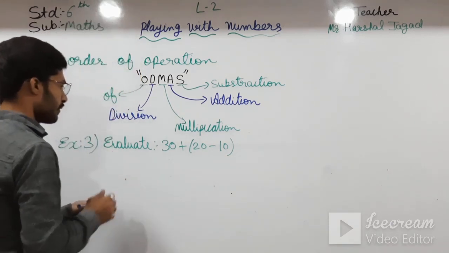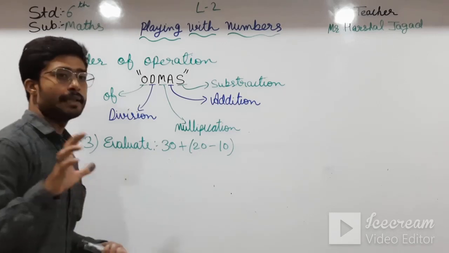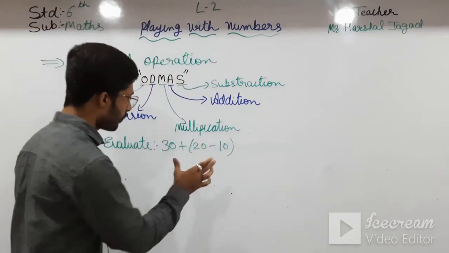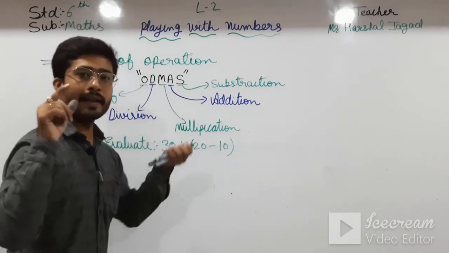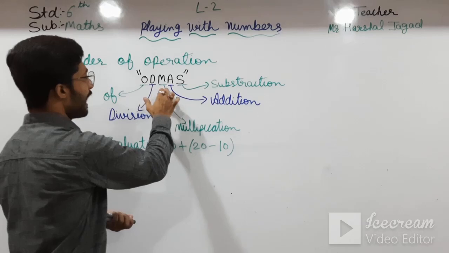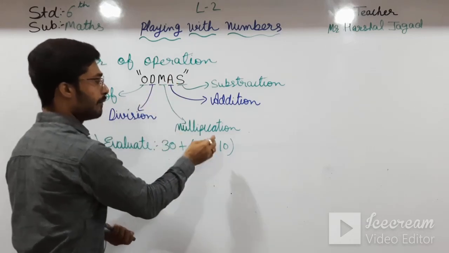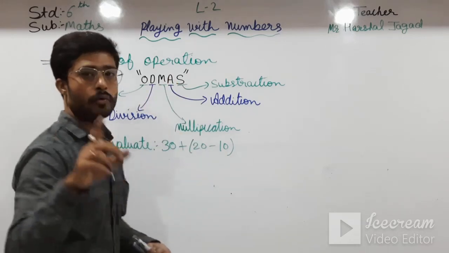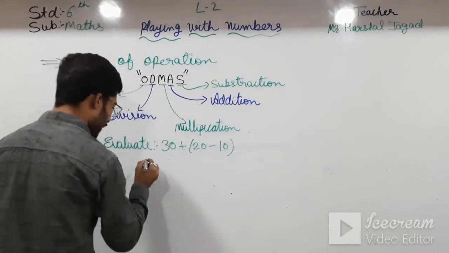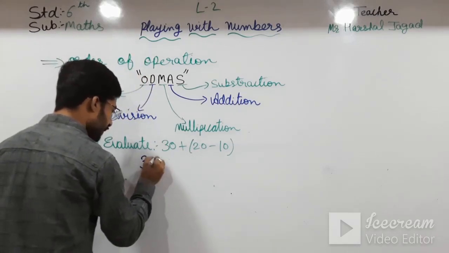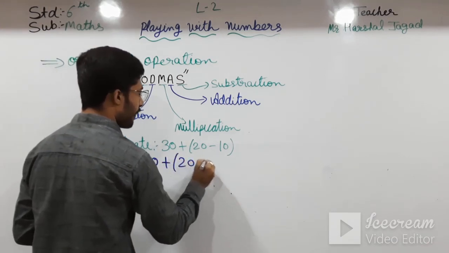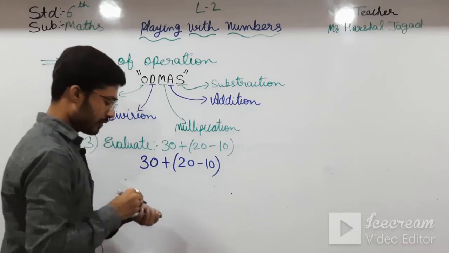Okay students, so first of all, in the simplification of bracket, what we have to do? First of all, you have to simplify this bracket, and in that bracket, first of all, you have to apply ODMAS. Here is only minus, so you will have to do first minus. Okay students, so I am writing over here 30 plus 20 minus 10, and first of all, what we have to do?